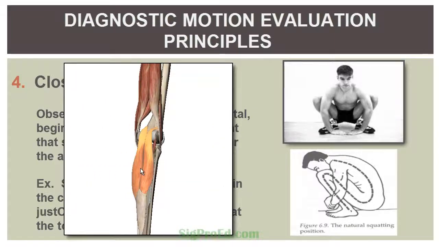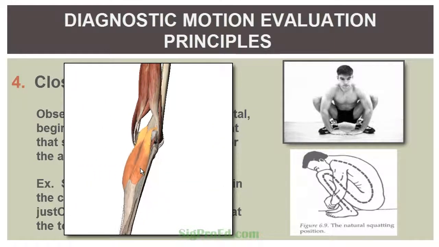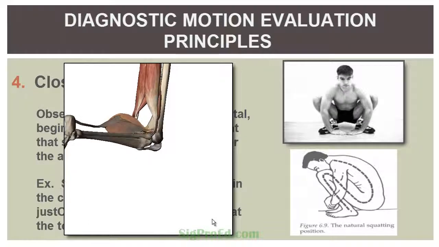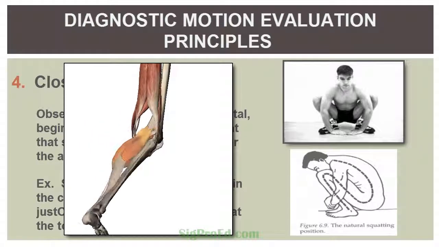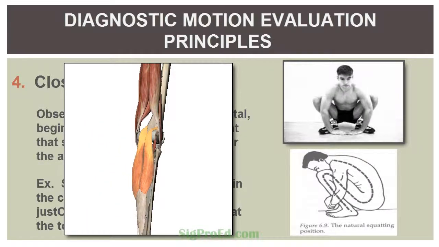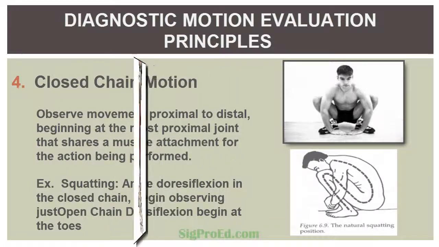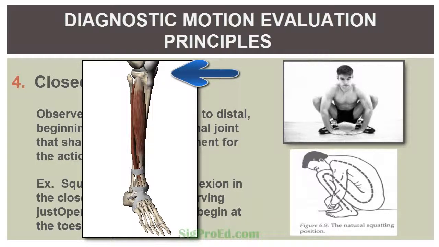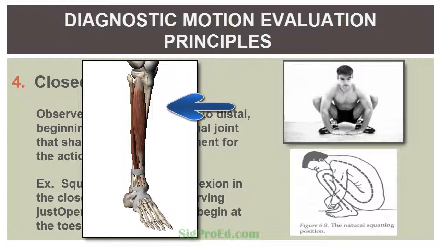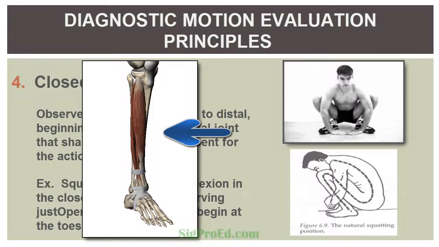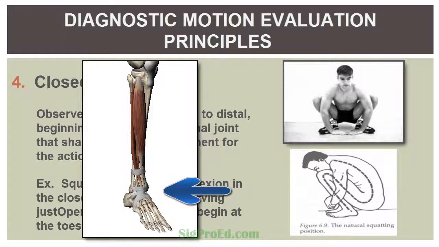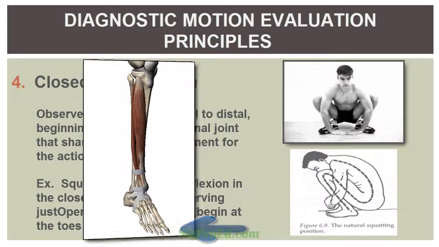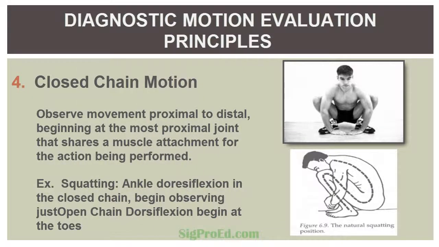The gastroc crosses the knee joint posteriorly and attaches to the femoral condyles. So in this case, we would begin our observation and palpation at the knee, meaning does the upper tibia come forward into dorsiflexion, followed by the middle of the tibia and fibula, down to the ankle, and then through the toes.